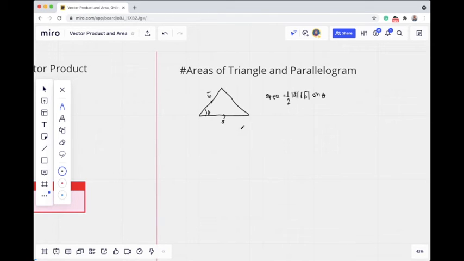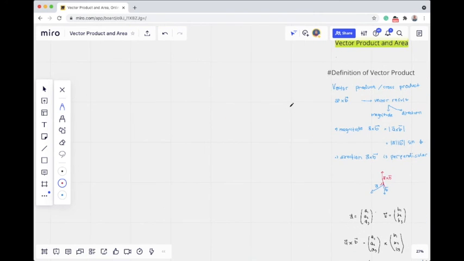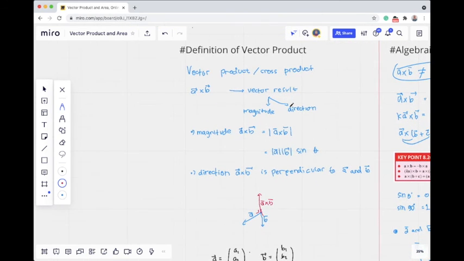Okay, because we know that this is the magnitude of A cross B, right? This is the formula for the magnitude of A cross B: magnitude of A times magnitude of B sine theta.